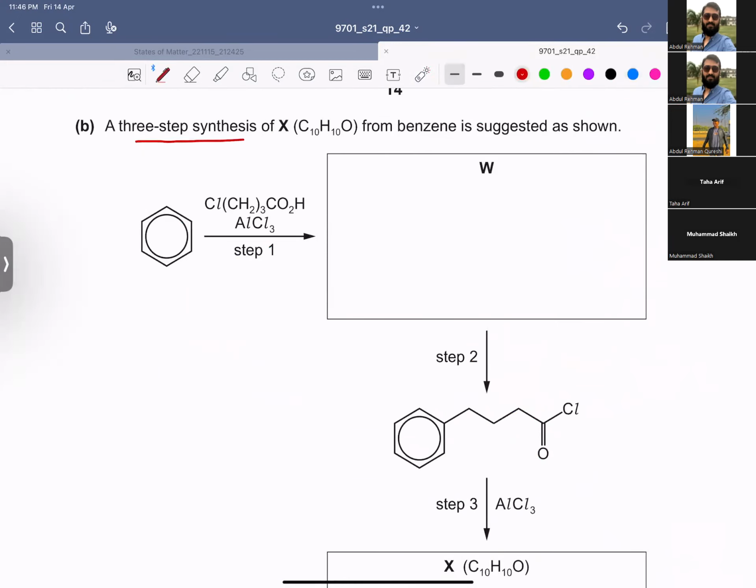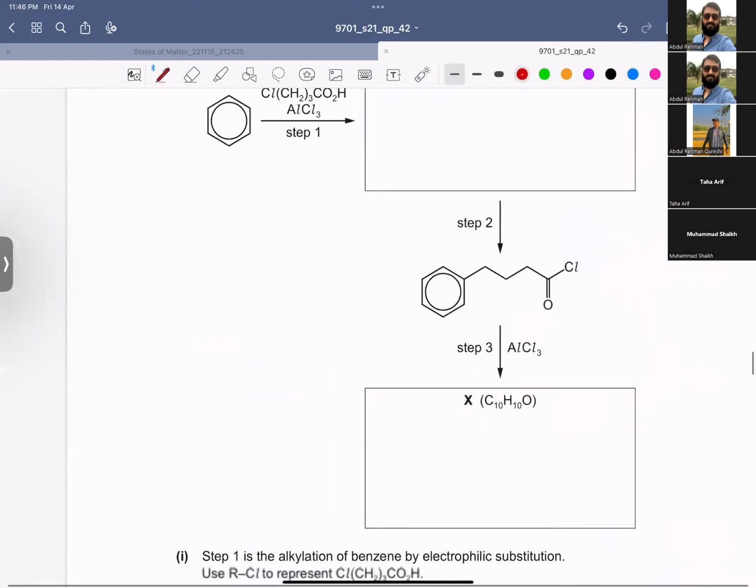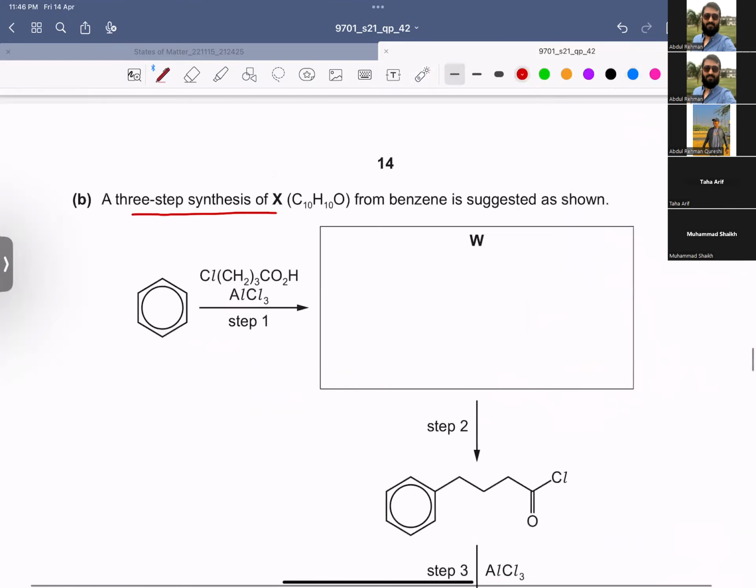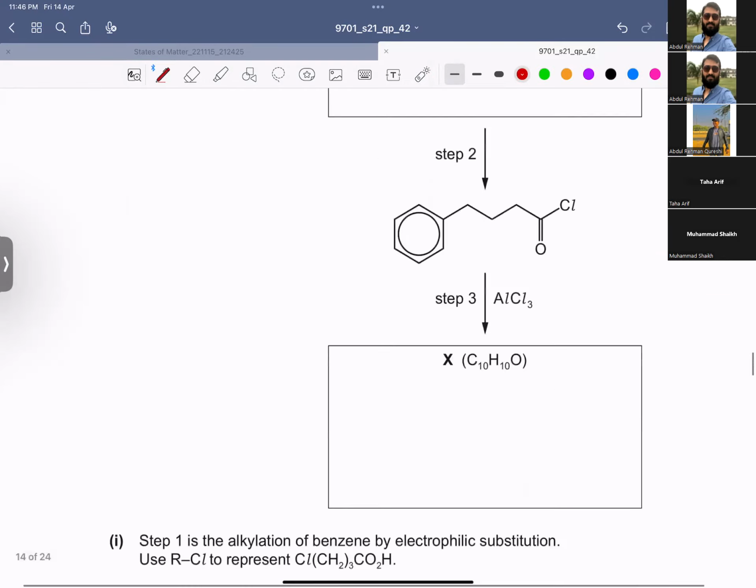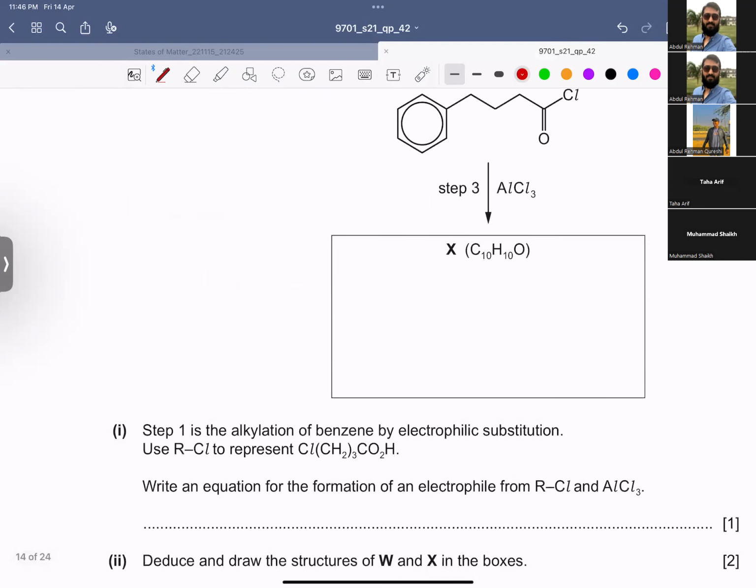A 3-step synthesis of X from benzene is suggested as shown. Okay, here we would have X. Step 1 is the alkylation of benzene by electrophilic substitution.